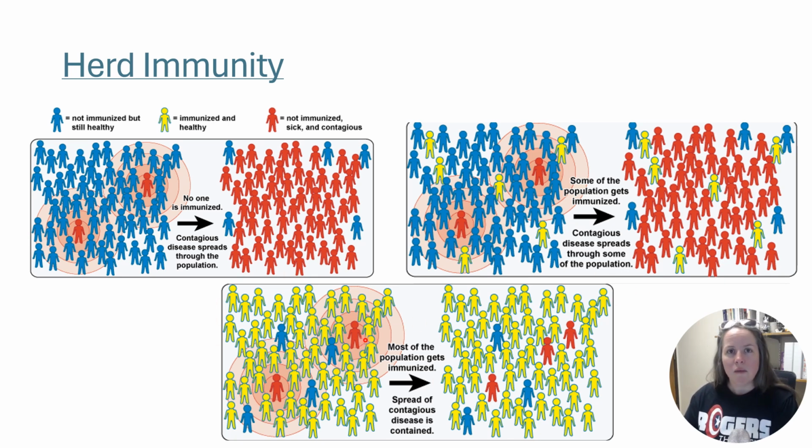Everyone that can get vaccinated should get vaccinated, because these 4 blue people here are immunocompromised, or they're on chemotherapy, or they were born without an immune system and they can't be vaccinated, or they're allergic to the contents like egg or other things within the vaccine that they cannot take it. We have everyone in the population that can get vaccinated so those people are as protected as possible.